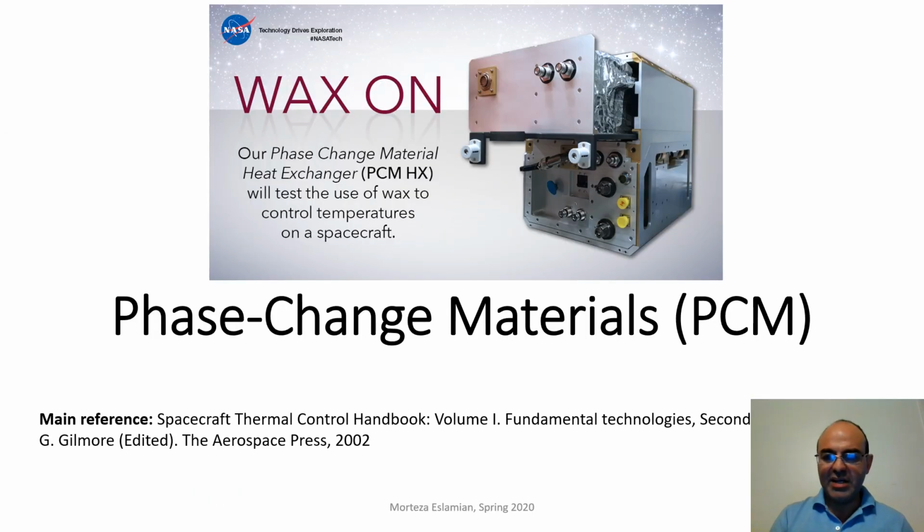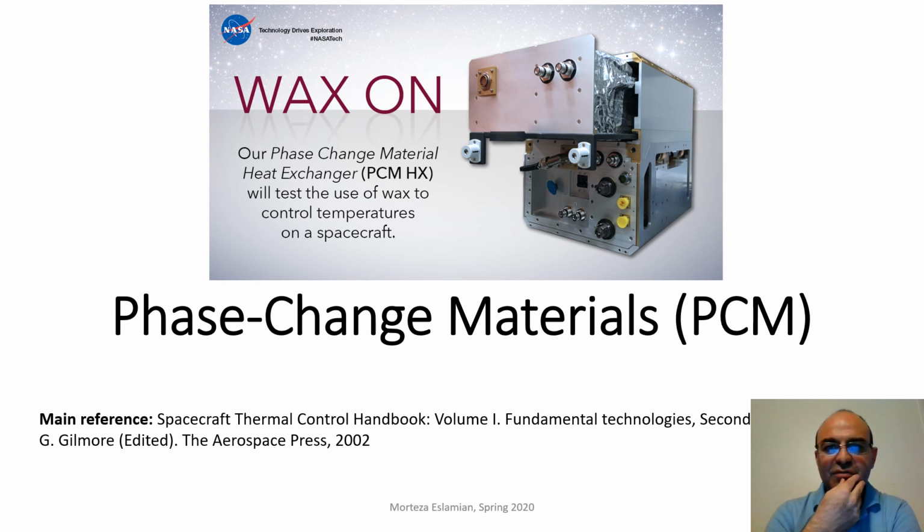All right, so now let's switch to phase change materials, which are one important thermal solution, especially for instance during the re-entry of the spacecraft to the atmosphere, or when we want to have an isothermal temperature.